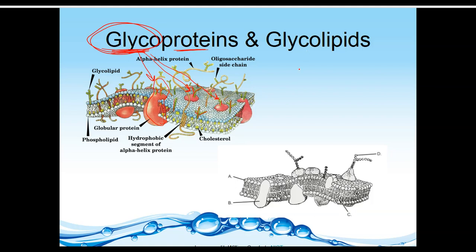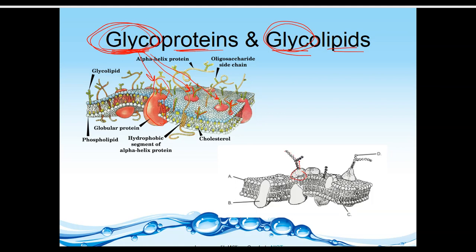We also have glycolipids. So here we have a little piece of carbohydrate not stuck to a protein, but instead stuck to the phosphate head of a phospholipid, hence glycolipid. So if I stick a little piece of sugar to a lipid, glycolipid, stick a little piece of sugar to a protein, glycoprotein. And here we can see just a different kind of picture of those glycoproteins.